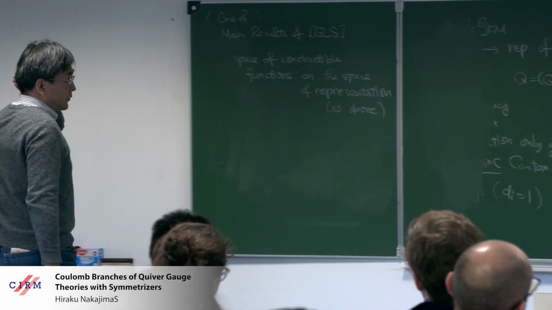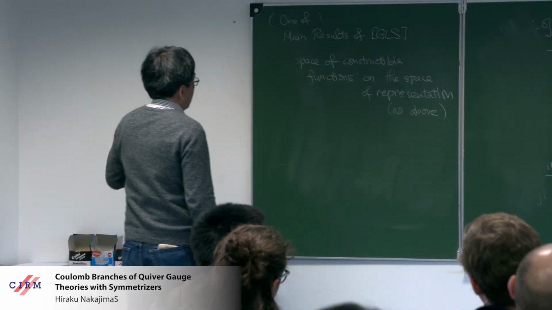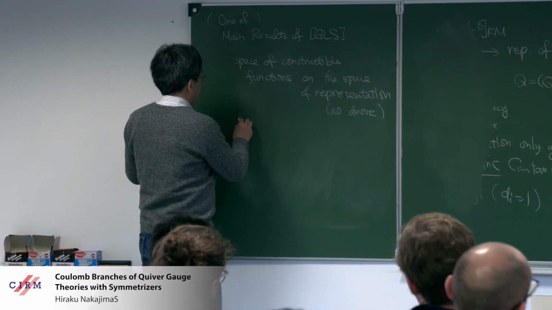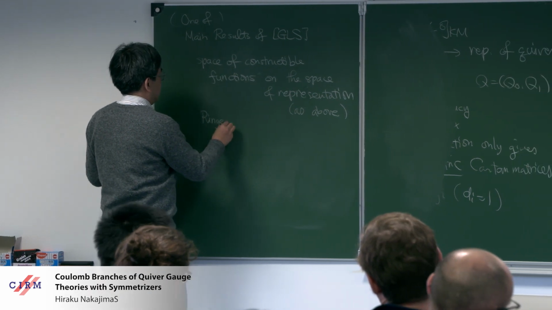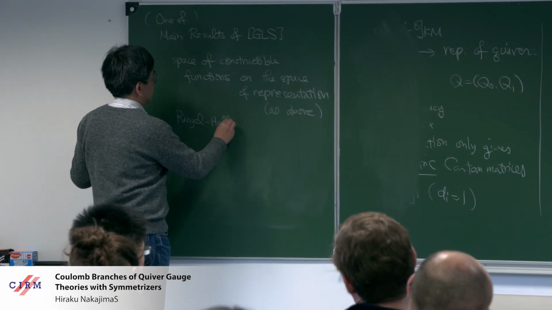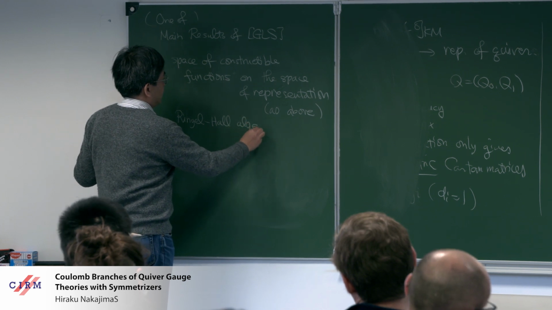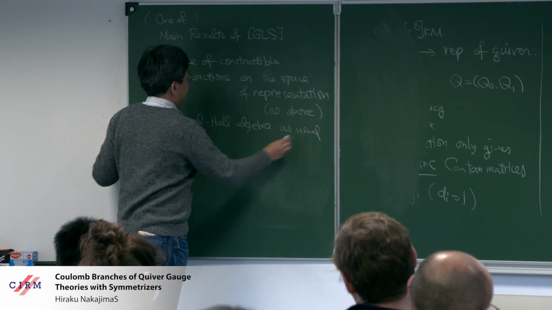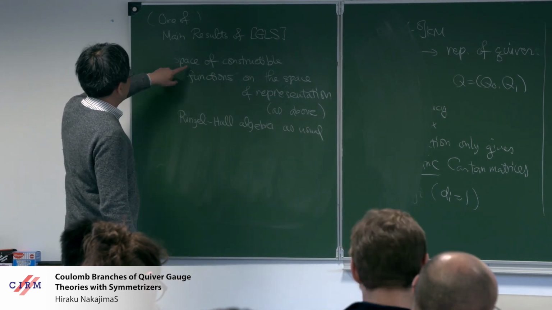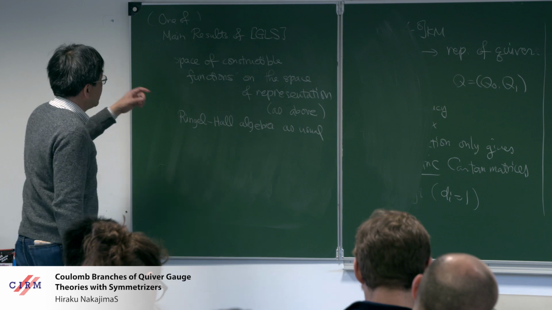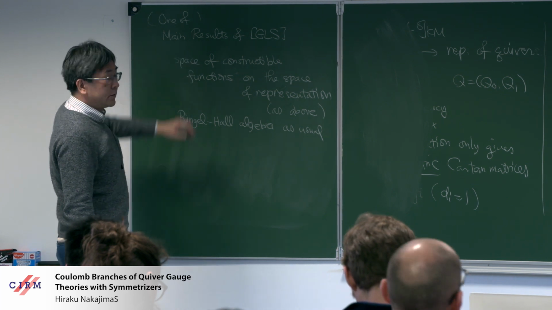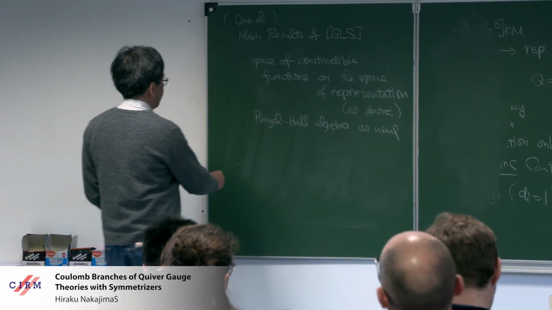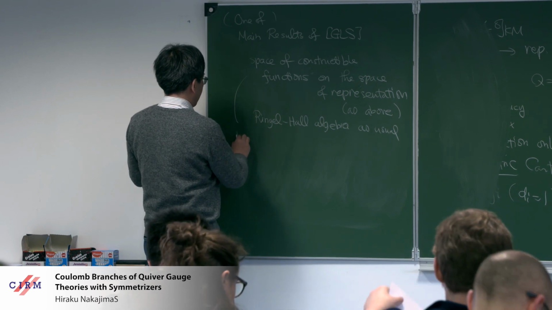And then you can define the linear dual algebra as usual. So that means that there is a definition of product and coproduct on this space. This is a Hopf algebra.